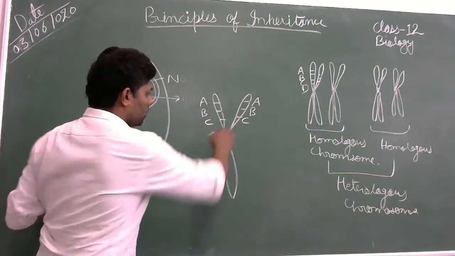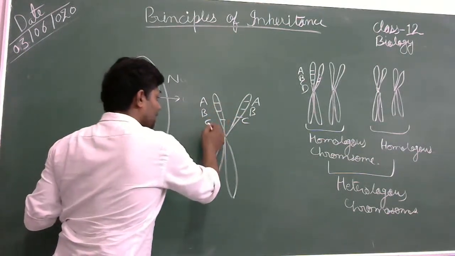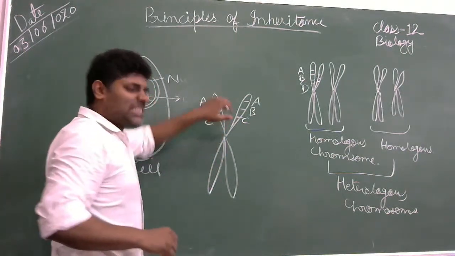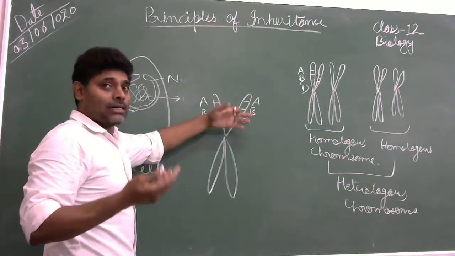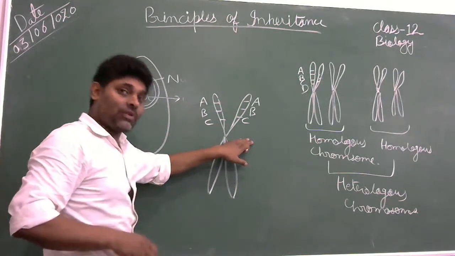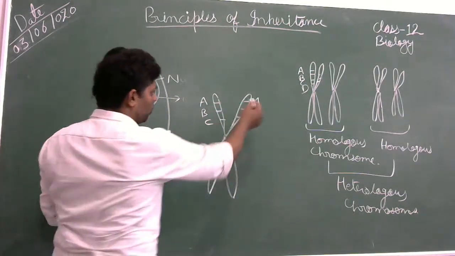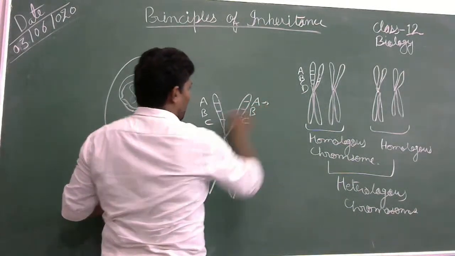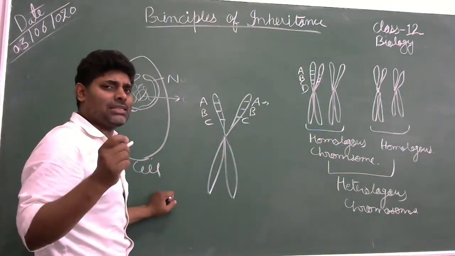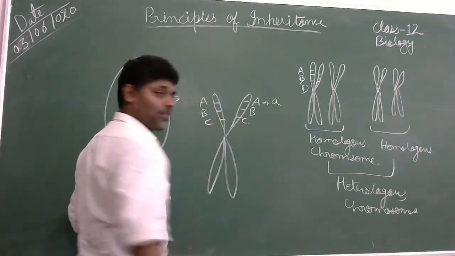So this is very simple, but these genes may change. Certain changes may occur, but still they are responsible for the same characters. Suppose this A has certain changes and now we denote it as small a.